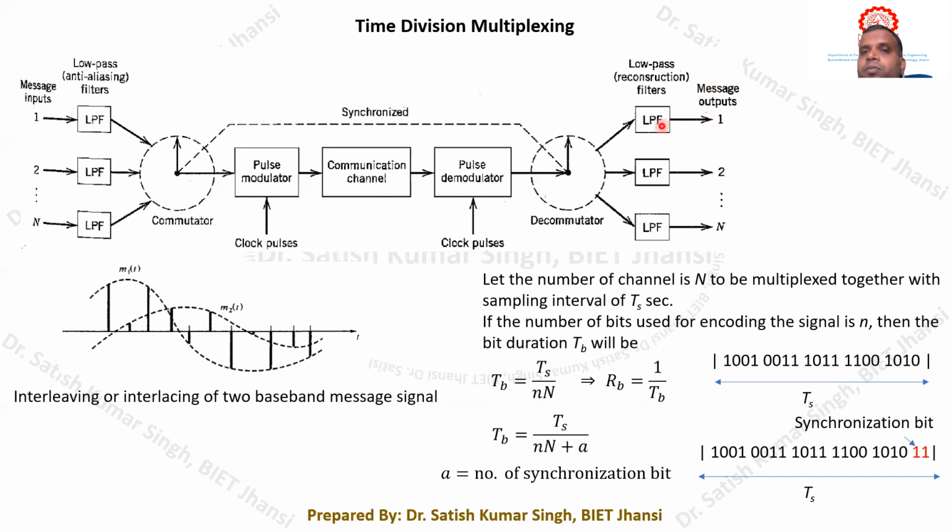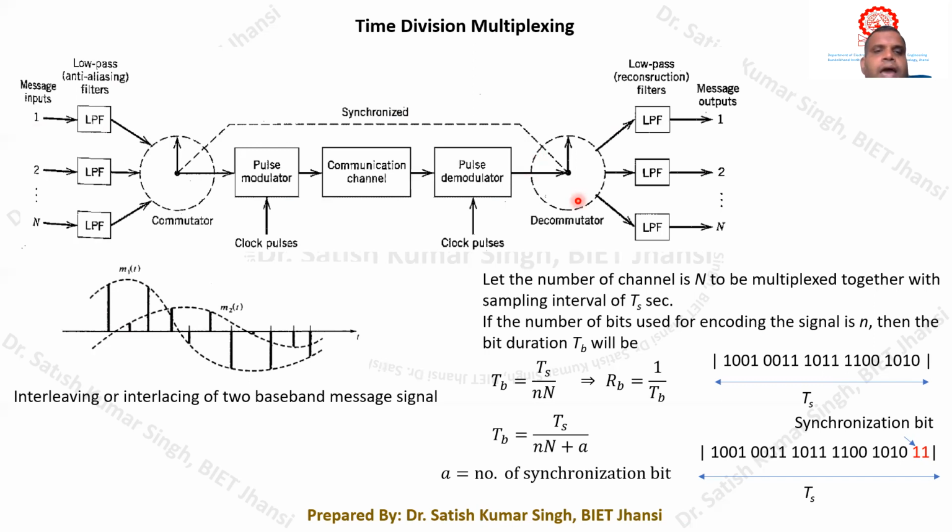That should be done by having synchronization between the commutator and the decommutator at the receiving end. That has to be implemented by certain synchronism mechanisms. How to synchronize the two, right?